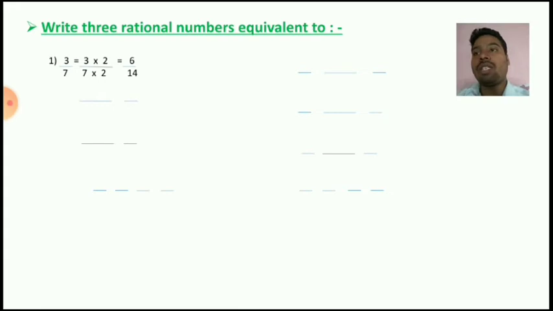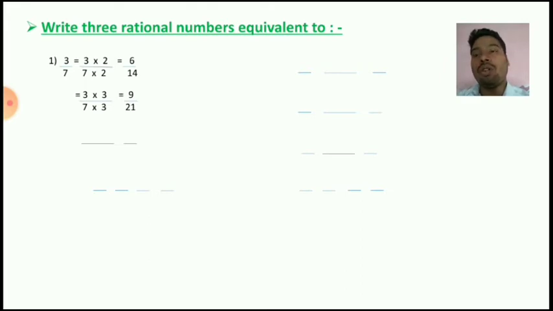I multiply 3 and 7 by 2, numerator and denominator. So 3 into 2 is 6, 7 into 2 is 14. So the first equivalent rational number is 6 divided by 14.